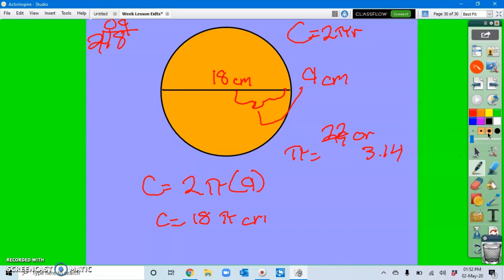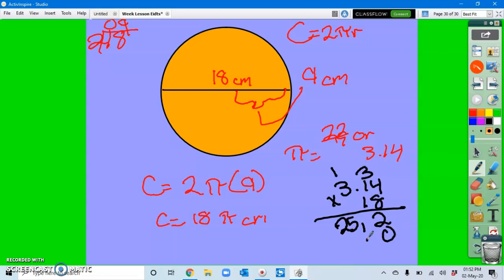So 3.14 times 18. 8 times 4 is 32. Then 11, 25. Now we add a 0. 1 times 4 is 4. 1 times 1 is 1. 1 times 3 is 3. So now we add, which is going to give us the circumference.